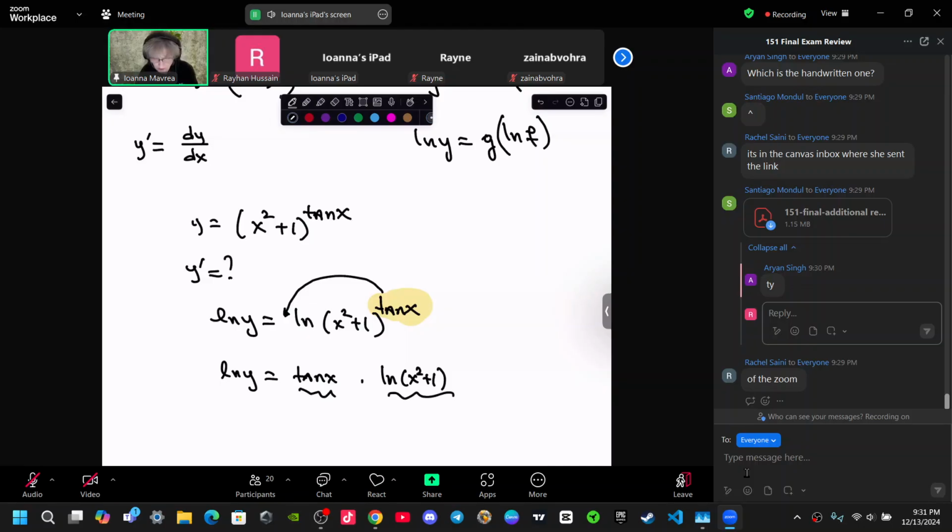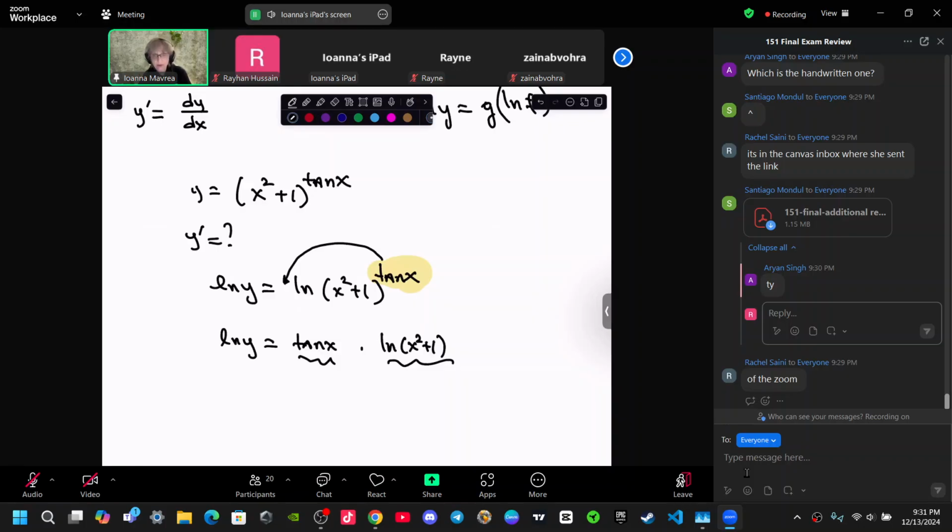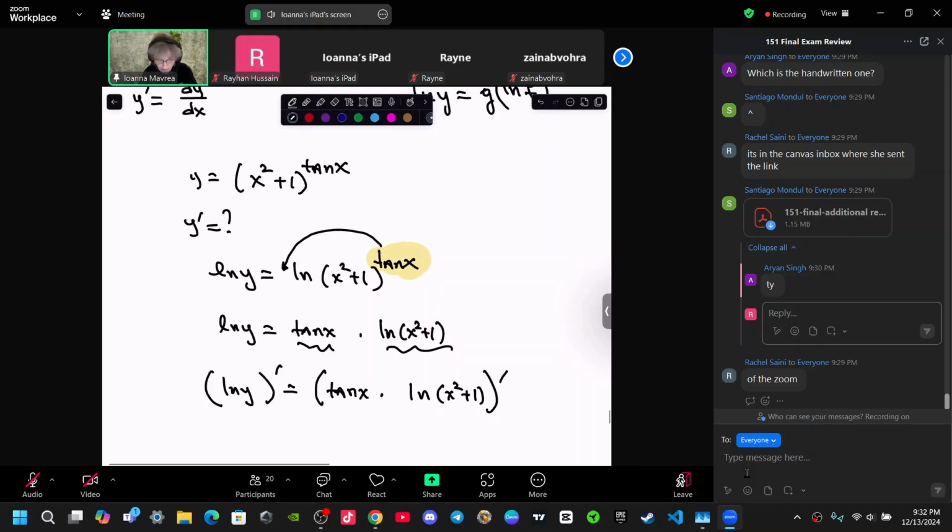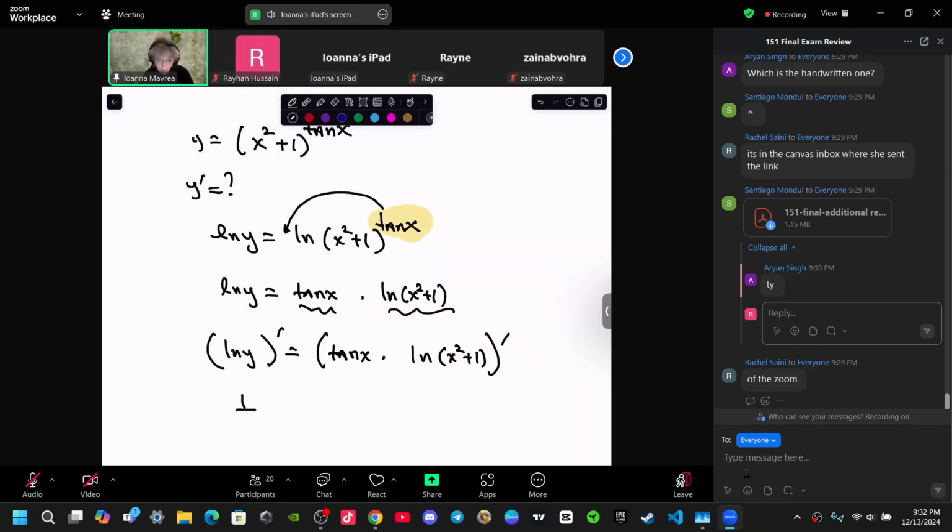Here's one piece, here's another piece. Since I want to take a derivative eventually, and this is the time to do it, I'm going to have to take a derivative of this thing I'm looking at. So the derivative of the left side is equal to the derivative of the right side. The derivative of the left side is 1 over y times y prime.